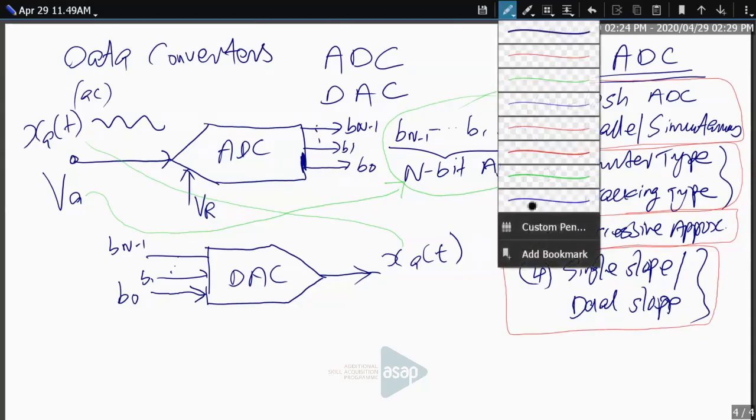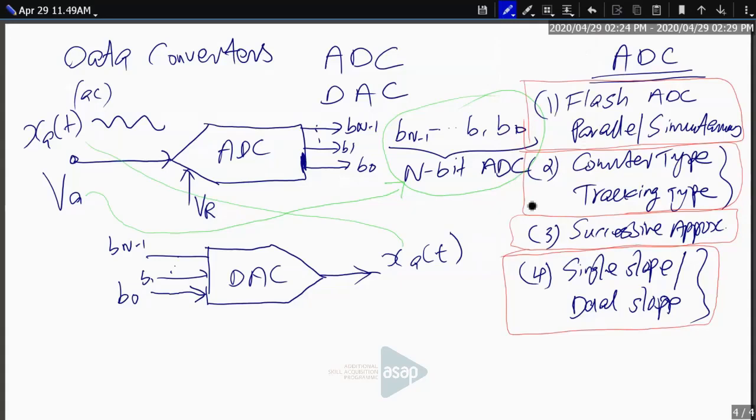This flash ADC is also called parallel ADC. It is also called simultaneous ADC. Then a second approach is called counter type ADC. And a modified version of that counter type is sometimes called tracking type ADC.